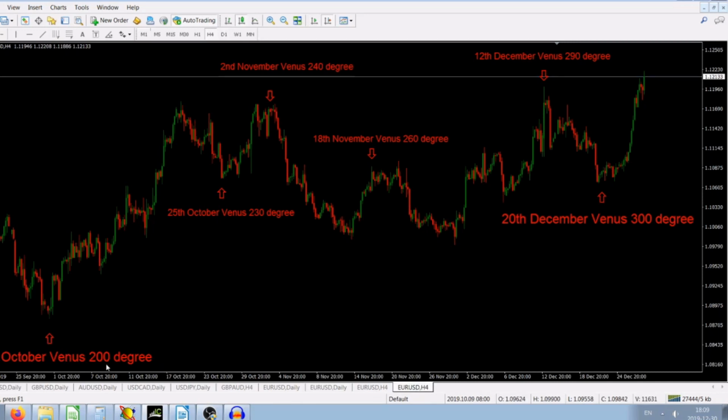Venus arrived at 200 degrees geocentric. After that we got 230 degrees and the bottom, 240 degrees and the top, 260 degrees and another top, 290 degrees, and on 20th of December Venus again made a major turn.